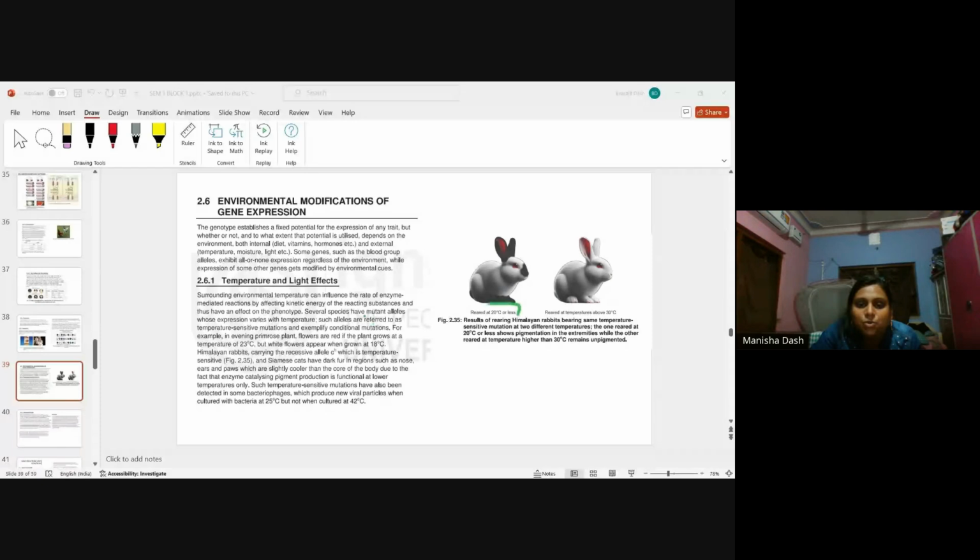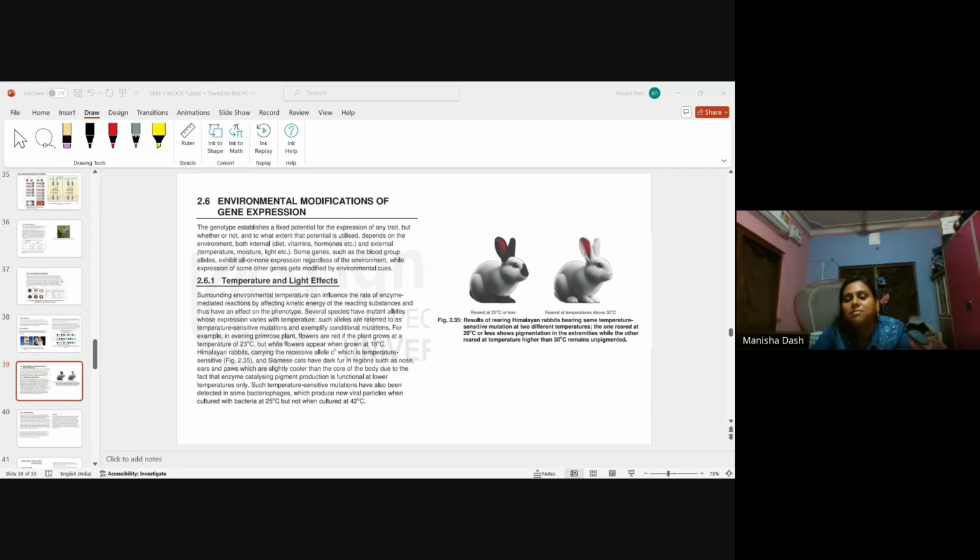When the rabbit is grown where the temperature is 25 degrees or less, it will have this Himalayan pattern. But if it is grown where the temperature is more than 30 degrees, it will have this coat color. So this is the environmental modification of gene expression.